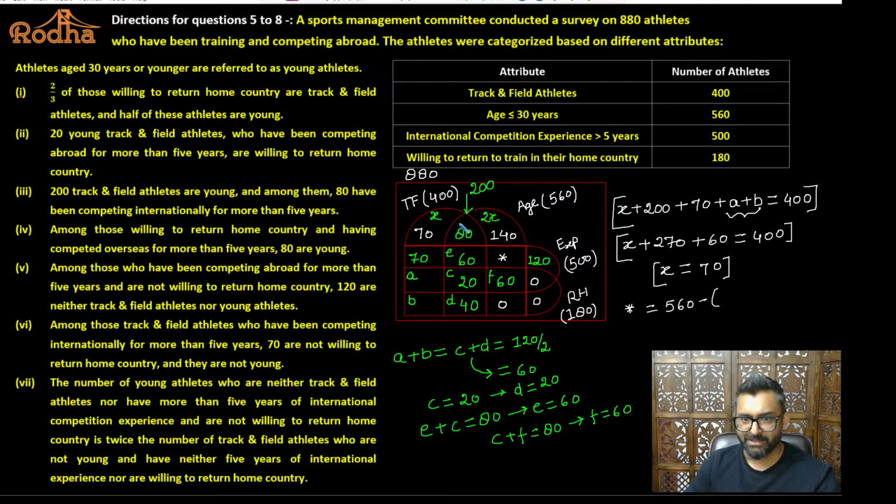What I have to subtract: this is 200, we don't have to add these values again, this is 140, this is 60, and the other value is 0. So what is the value of this star? 560 minus 400, how much will it be? 160.